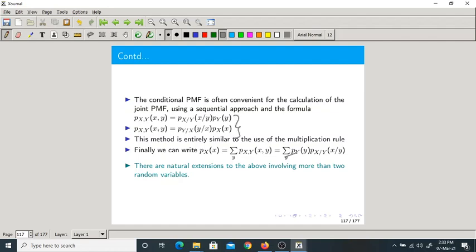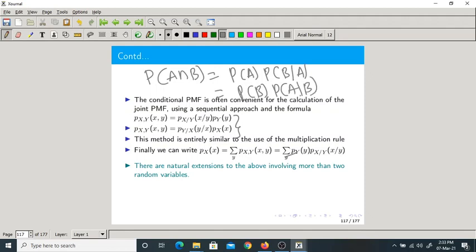Otherwise you just remember these formulas. I told you already, P of A intersection B equals P of A into P of B given A, also equal to P of B into P of A given B. In the same way, these are the two formulas.